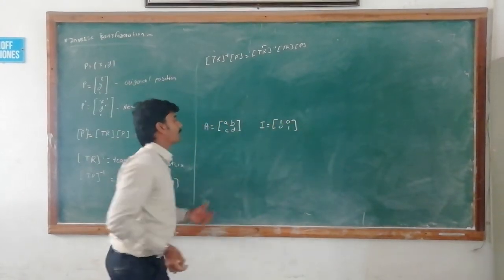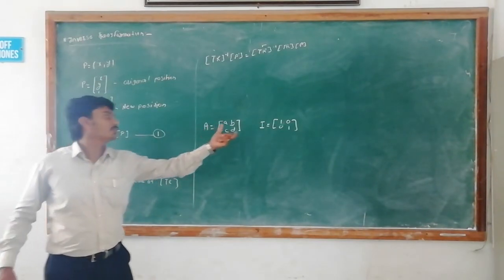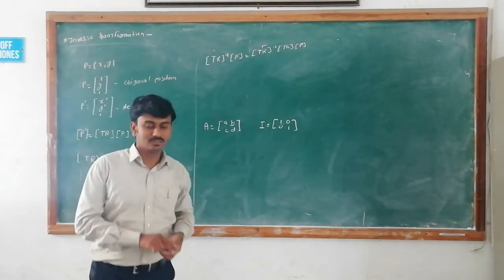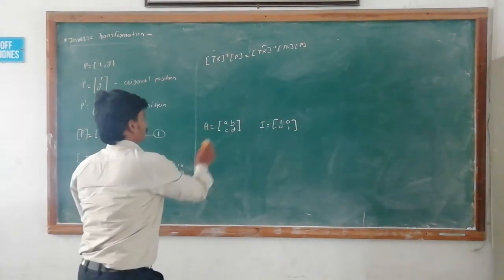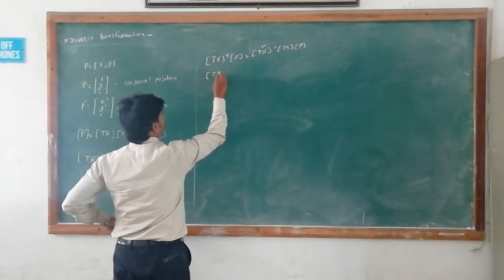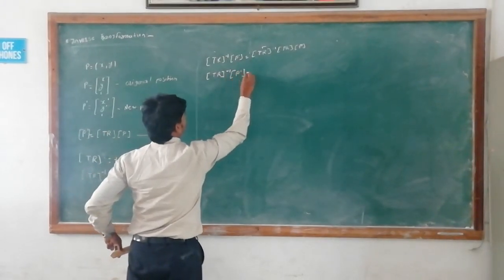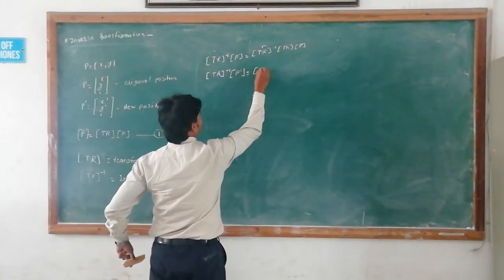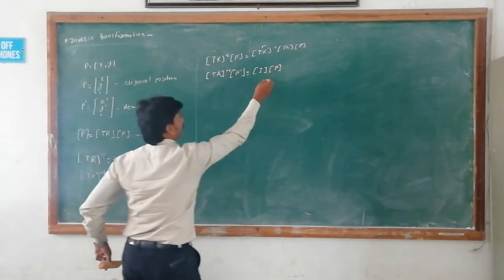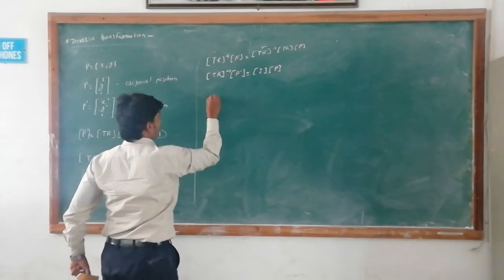If I take the multiplication of these two matrices, the result will be the same as the matrix A. So here TR inverse into P dash is equal to the unit matrix, denoted by I, into P, and if you take the multiplication of this, it is equal to P.